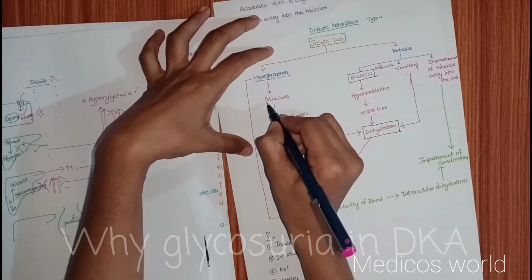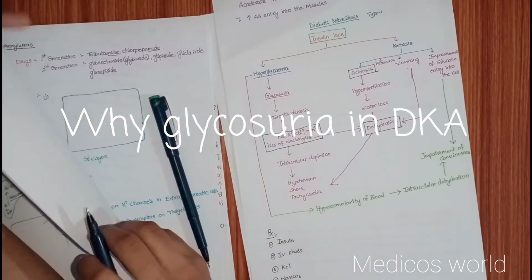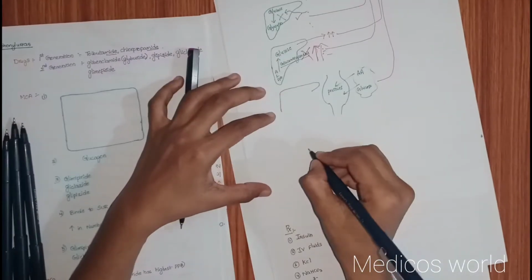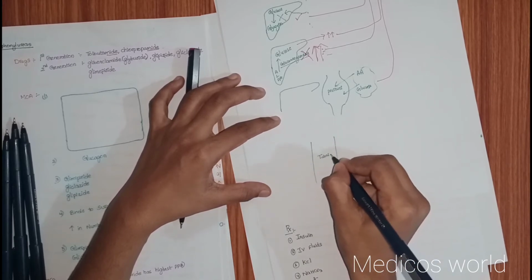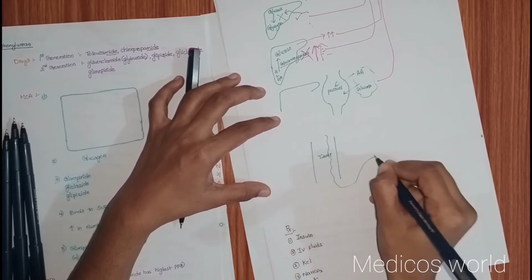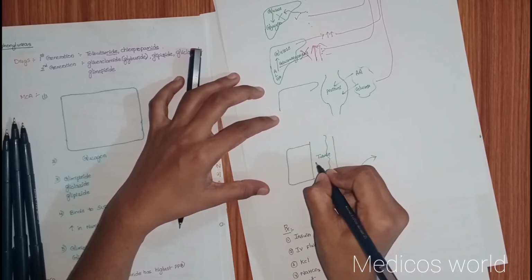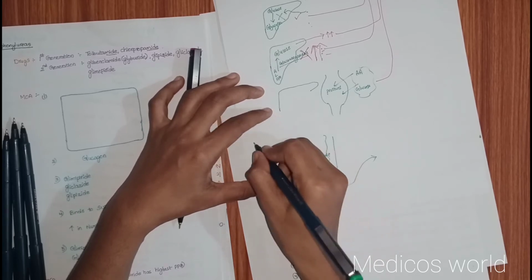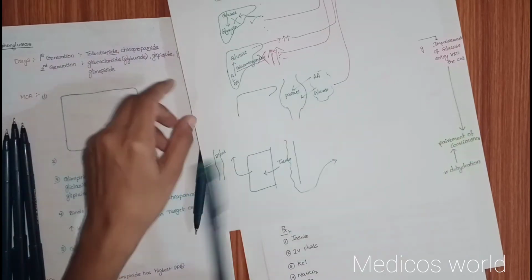This hyperglycemia leads to glycosuria. What happens in the renal tubule? For example, take this as a renal tubule where the urine is processed and eliminated. These are the cells. These cells reabsorb the glucose and take it back into the blood. This one is blood.